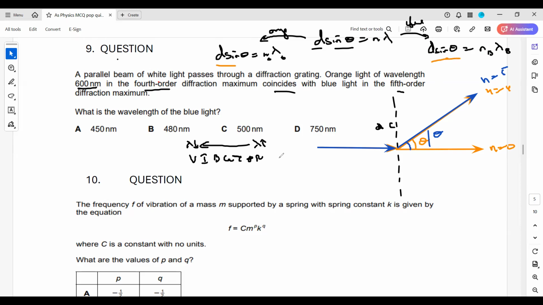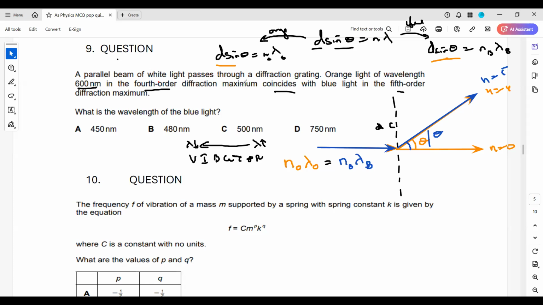So simply, I can compare them. The wavelength of the orange multiplied by the order of the image of orange equals the wavelength of the blue multiplied by the order of the image of blue. Now we just substitute the values.